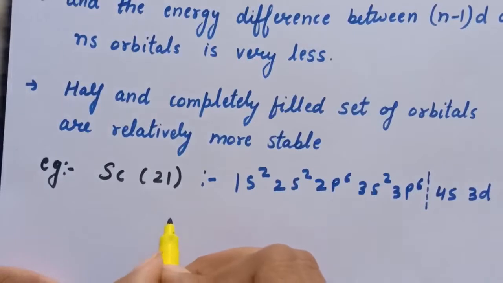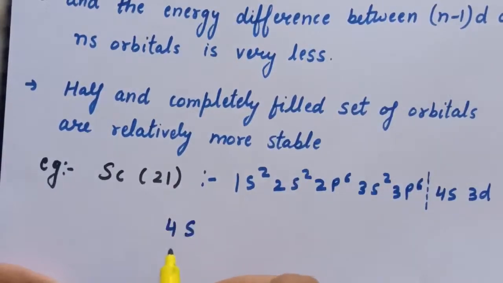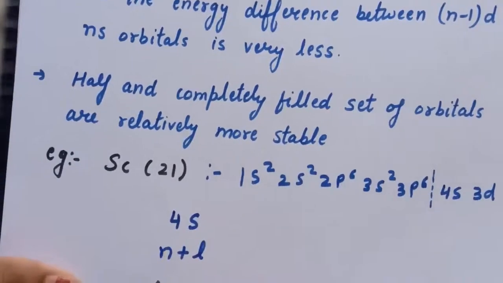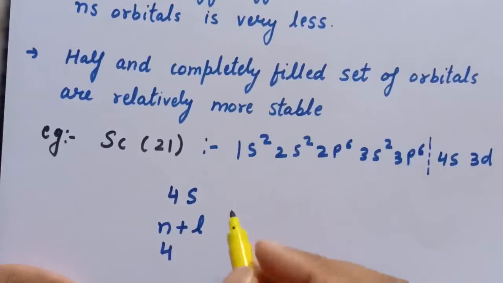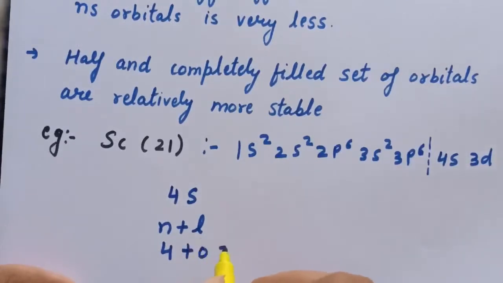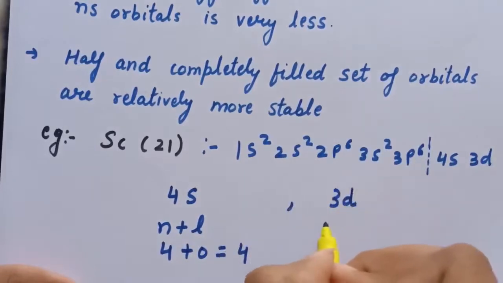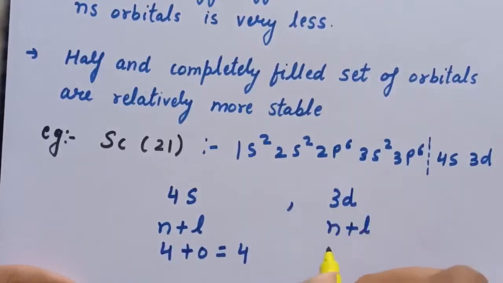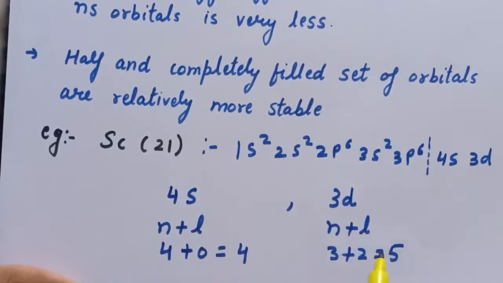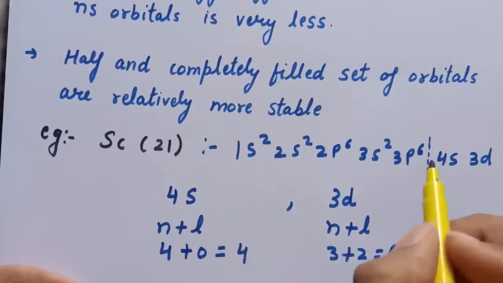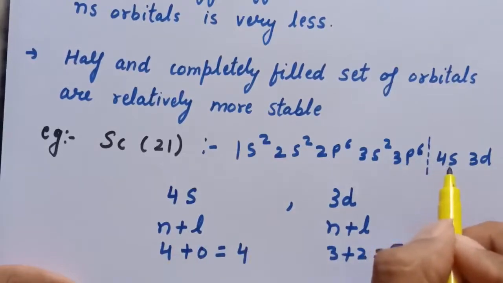If we calculate the value of n plus l for 4s, the value of n is 4 and the value of s is 0, so it comes out to be 4, and for 3d the value is 3 plus 2, that is equal to 5. So 4 is lower than 5. According to the n plus l rule, this 4s has lower energy, and therefore we will fill 4s first.